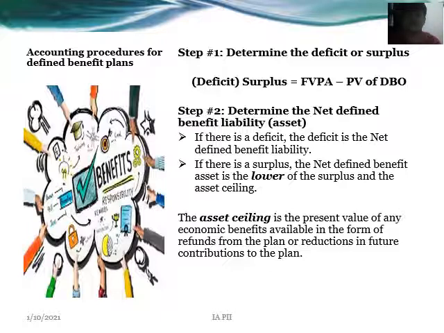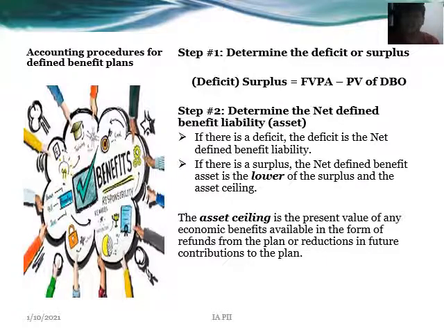So, present value of plan assets, or FVPA, minus present value of defined benefit obligation, PV of DBO, is equal to surplus or deficit.